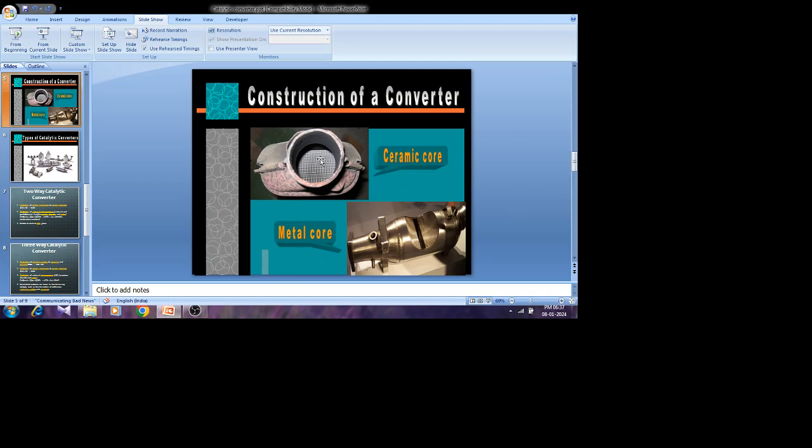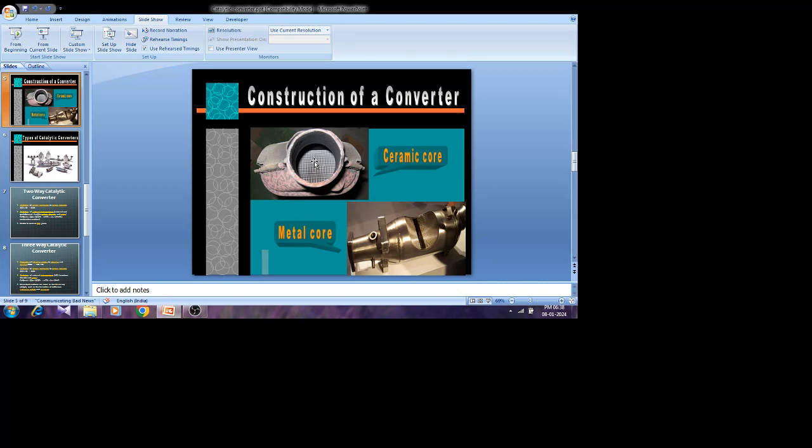There is another material which is required to make sure this converter is working very smoothly, which is nothing but the washcoat. It is made up of a mixture of silica and aluminum. So when they add the washcoat to the core, it forms a rough or irregular surface, as you can see, which has a greater surface area than the flat core surfaces.